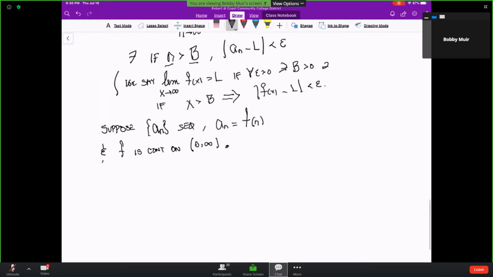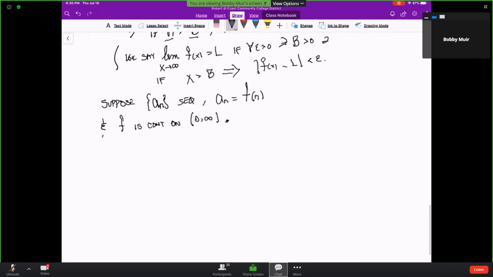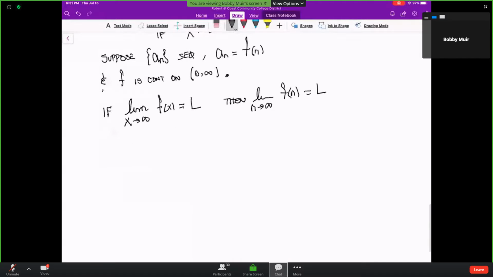What I'm going to try to show here is the following statement. If the limit as x goes to infinity of f of x is equal to L, then the limit as n goes to infinity of f of n equals L. And it seems like it should hold up, doesn't it?